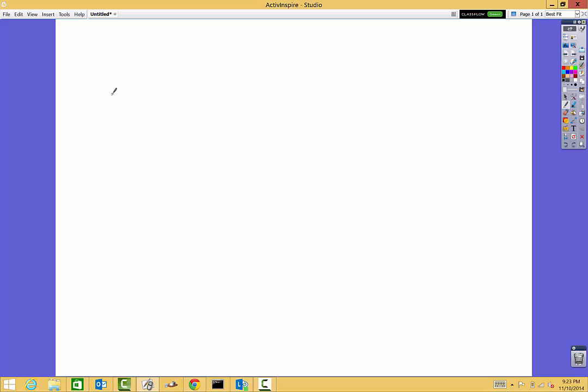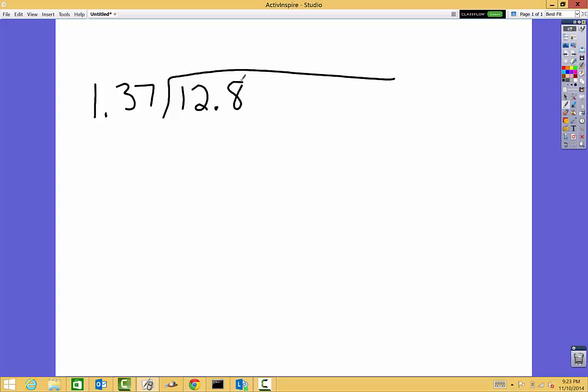It's going to be the same thing if I have this kind of problem as well. If I have one that looks like this, 1.37 as my divisor, and 12.8. What I do, remember, is I go 1, 2. However many times I move that decimal in my divisor, I'm going to do the same thing to my dividend. Remember, when I run out of spots, I can always add zeros after that decimal.